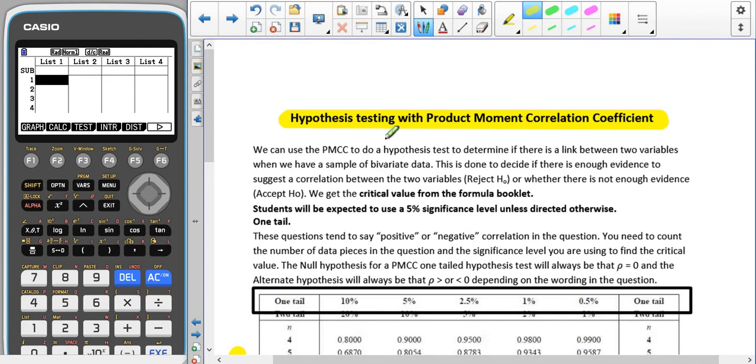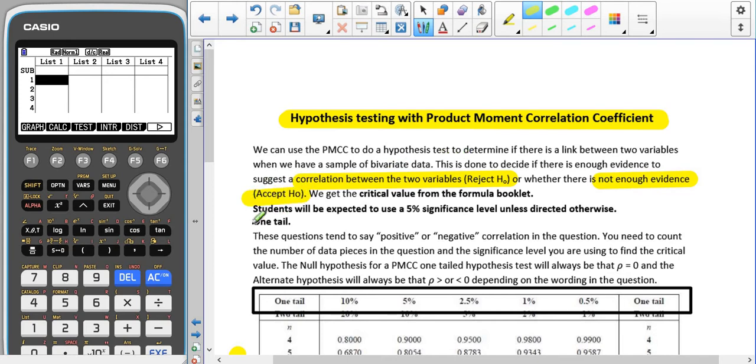So we can use PMCC to do a hypothesis test to determine if there is a link between two variables when we have a sample of bivariate data. This is done to decide whether there is enough evidence to suggest a correlation between the two variables, which is when we reject H0, and not enough evidence, which is when we accept H0.